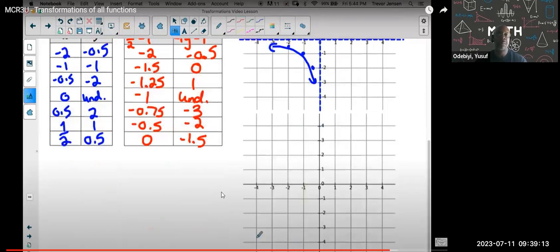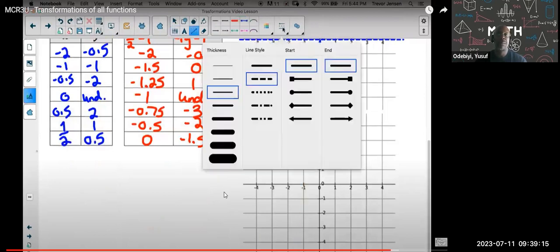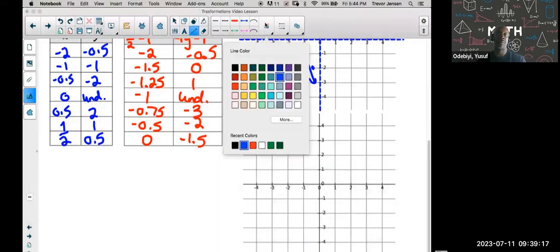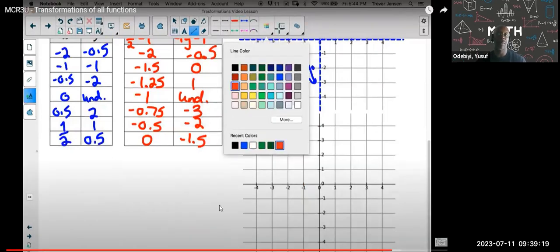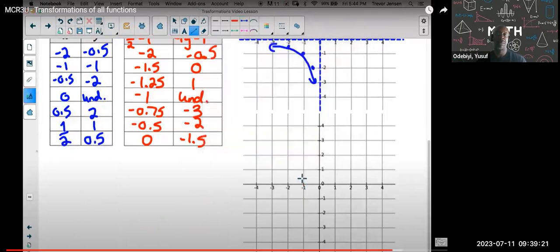Oops, I should use the straight line tool. And I'll do it in red this time. The reason why is you can see x is -1, but you can never have a y value there, because if I plug in -1, I'm going to have a 0 in my denominator, so it's undefined.